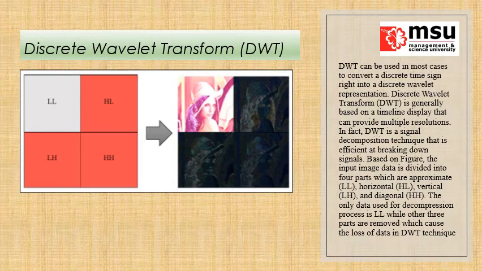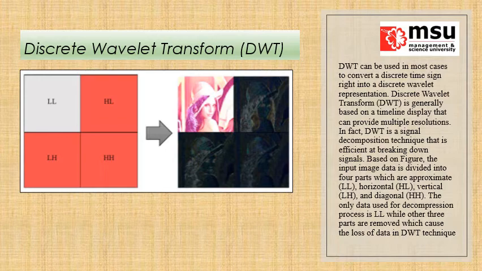Discrete wavelet transform (DWT) can be used in most cases to convert a discrete time signal into a discrete wavelet representation. Discrete wavelet transform is generally based on a timeline display that can provide multiple resolutions. In fact, DWT is a signal decomposition technique that is efficient at breaking down signals.